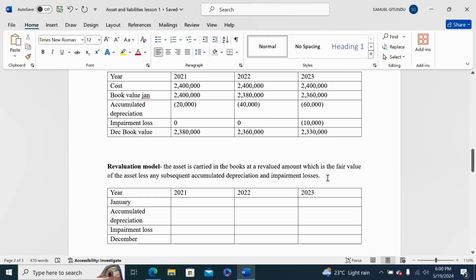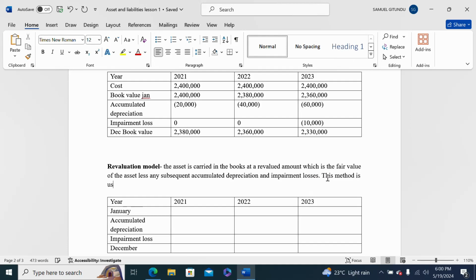So this method is used when the fair value of the asset can be measured reliably. For example, we still use the same example.